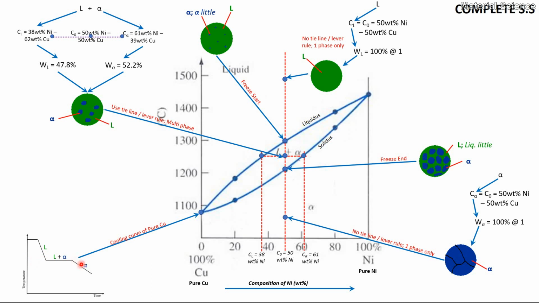Then further down is the one solid phase. Likewise for nickel, this point is its melting point. So this is the cooling curve of pure nickel, the same as pure copper.